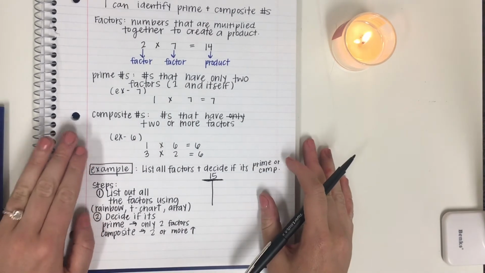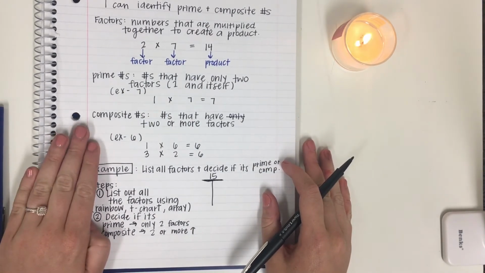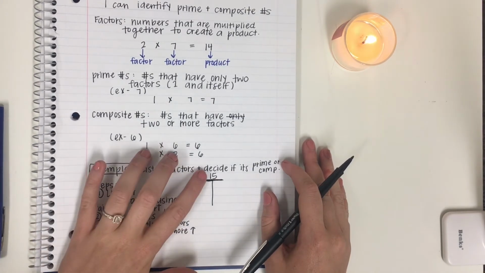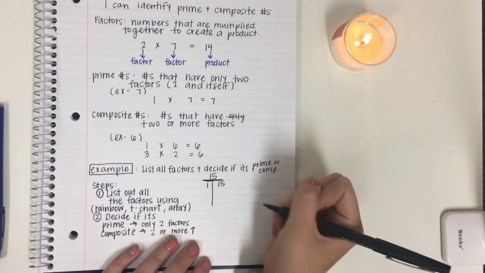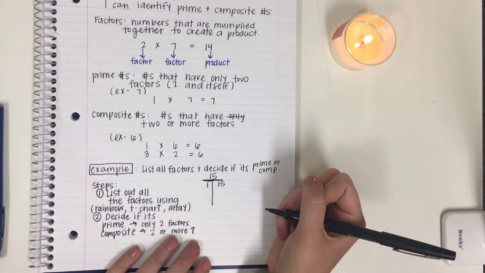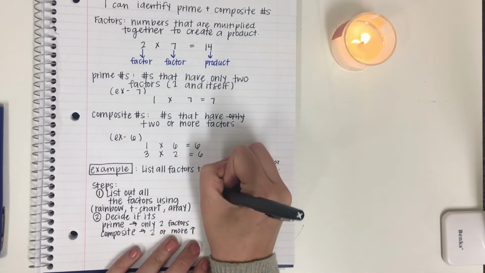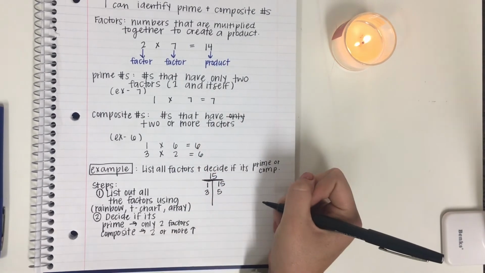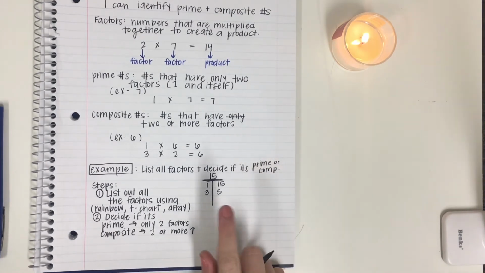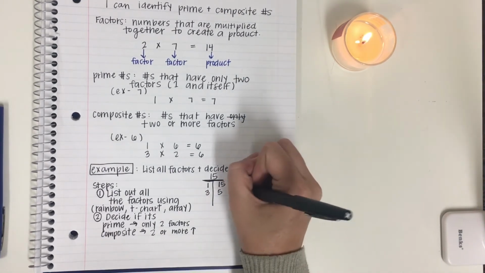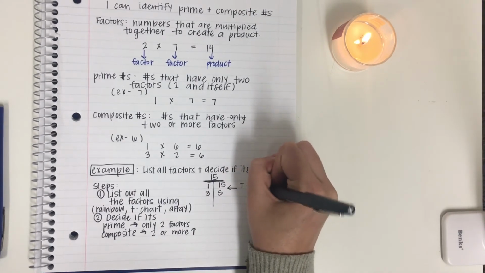So if you're still struggling on your multiplication facts, this is where you really need to start studying and getting them mastered down so that they're just in your head.